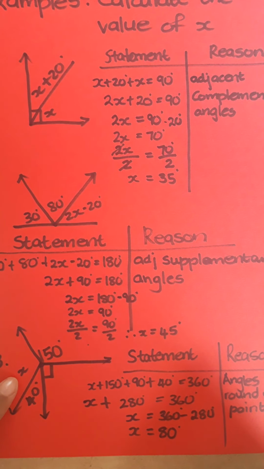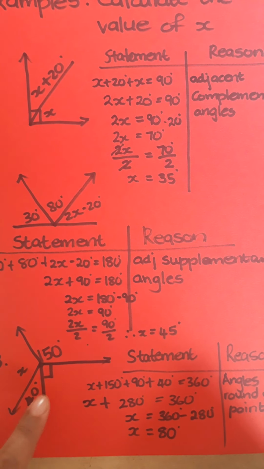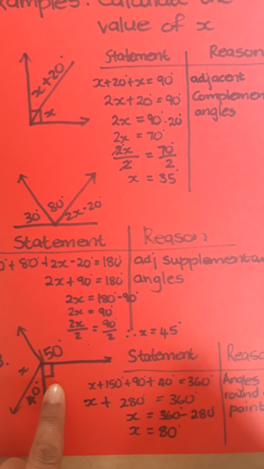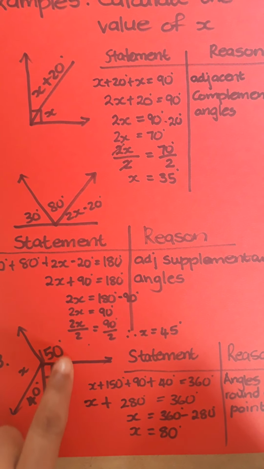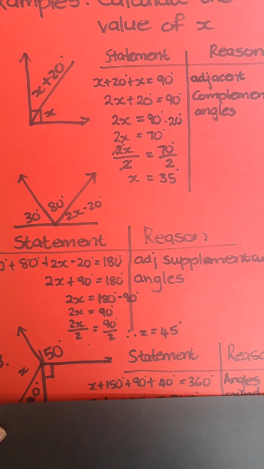150 degrees, x, 40 degrees, and we have this angle being a 90-degree angle. If you look at this angle, it's almost like if I had to start from that point going right around and returning, it would give me a revolution. Yes, and that's why when we add each of these angles, our answer should be equal to 360 degrees.